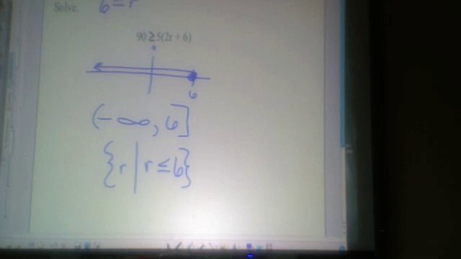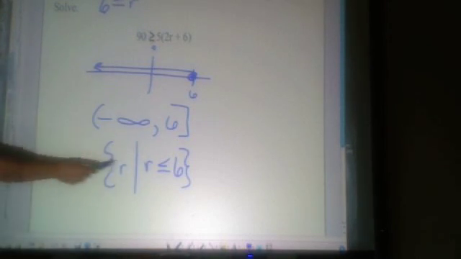Okay? Those three answers are all the same. R is less than or equal to -6. When you come here, you need to put your R first, which means you just kind of flip the whole thing around. I used to do that before. That way you can just follow the arrow. Yes?